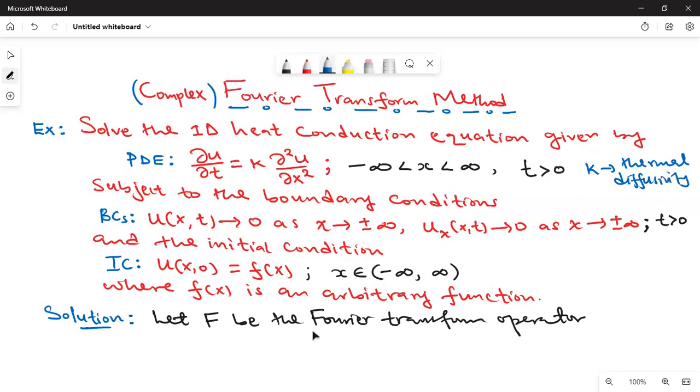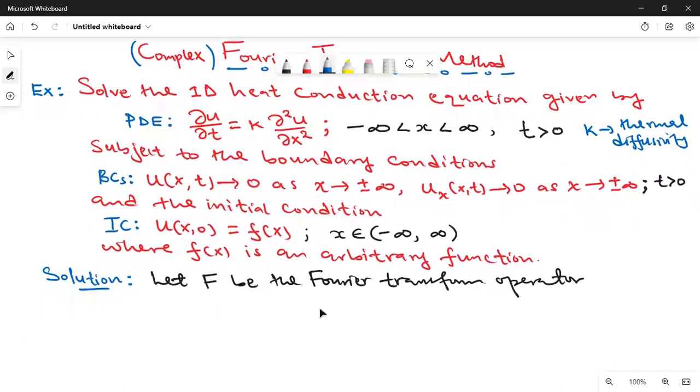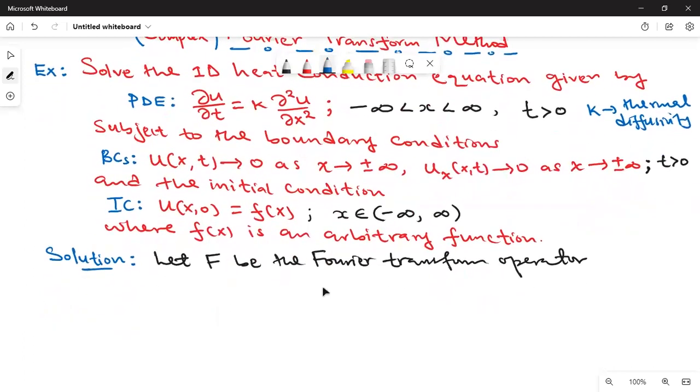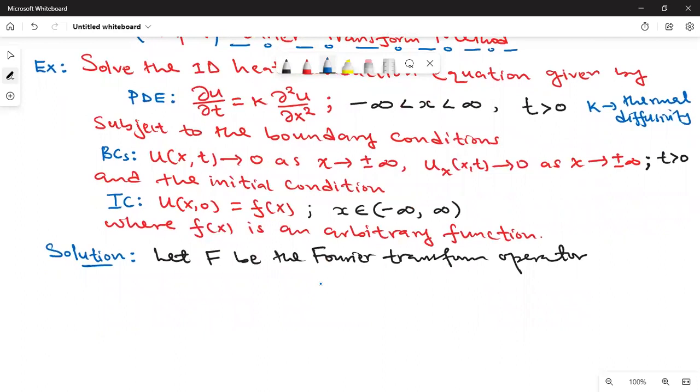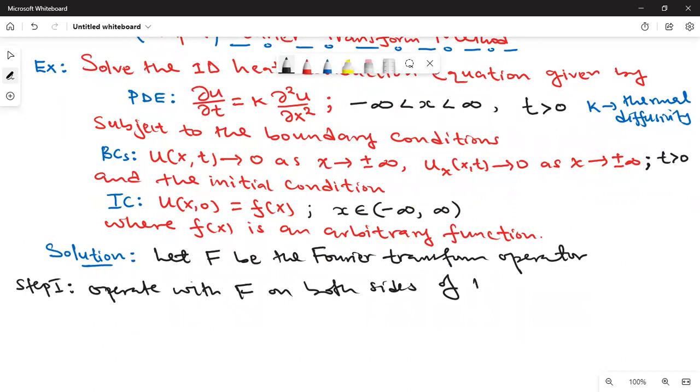Now, what you do is to operate with F on both sides of the given equation. So the first step, step 1, you're going to operate with F on both sides of the PDE.